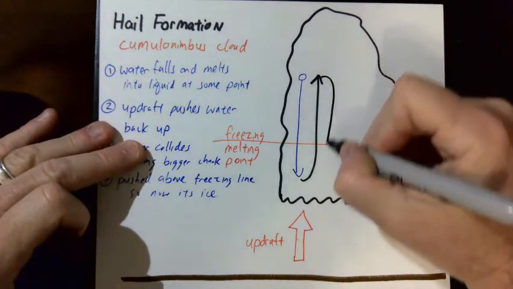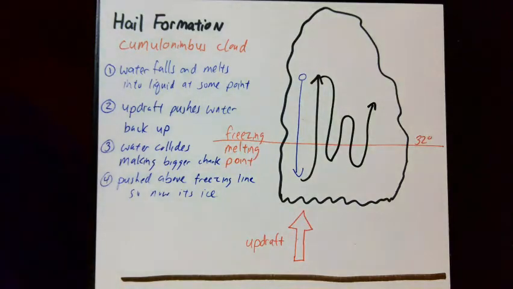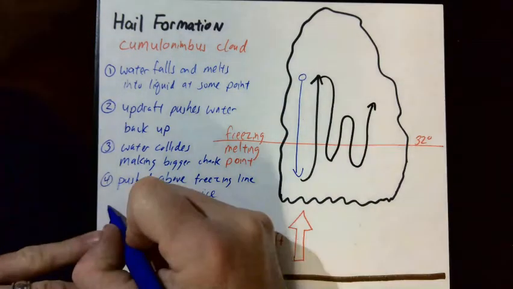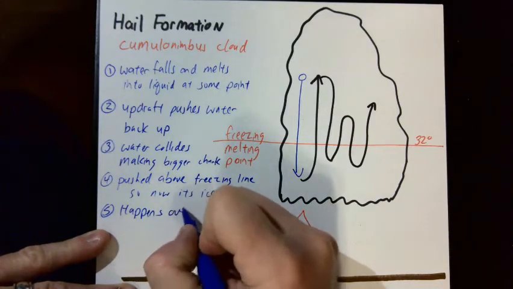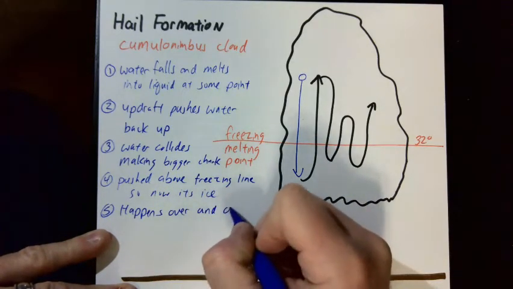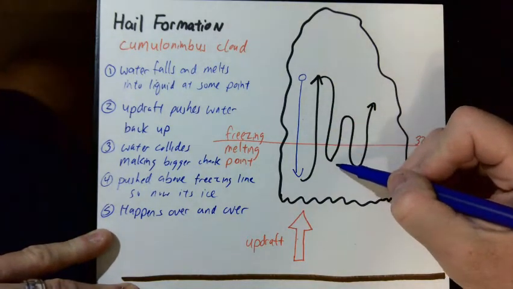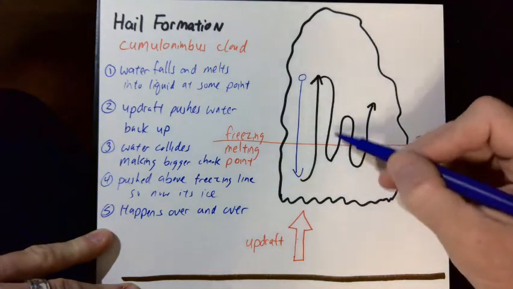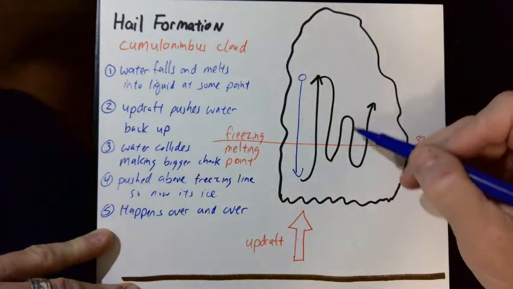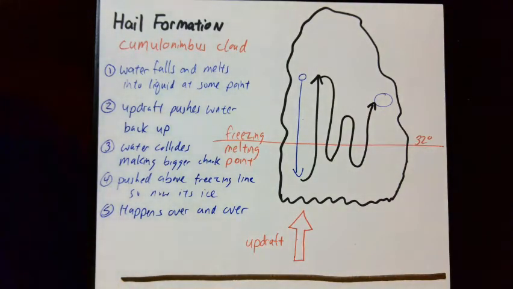What happens is this over and over. So this chunk of water falls down, melts a little bit, gets pushed back up, picks up some more water, falls back down, and it's melting and freezing and picking up more water over and over again to where now you have a bigger chunk of ice.